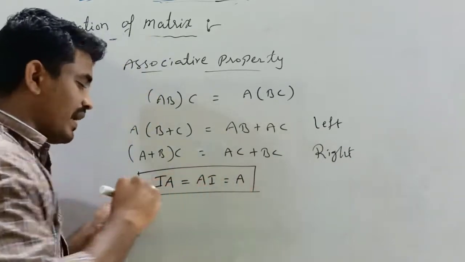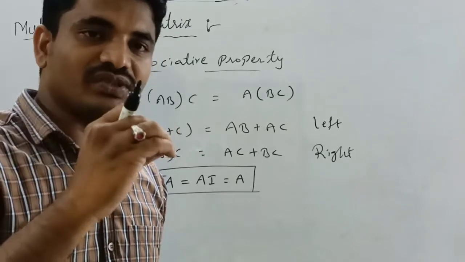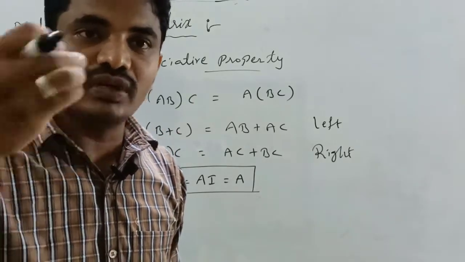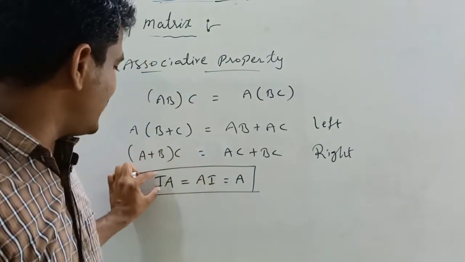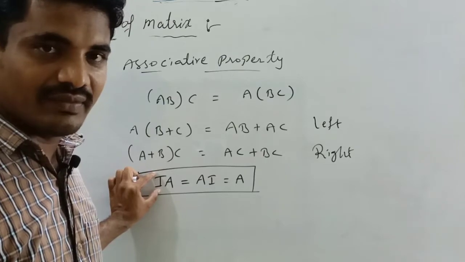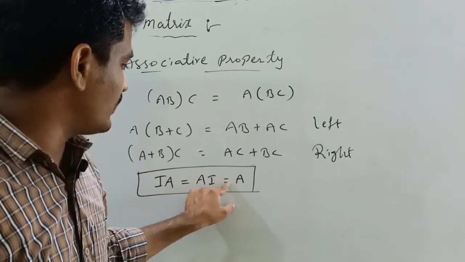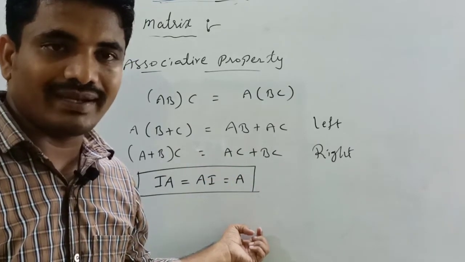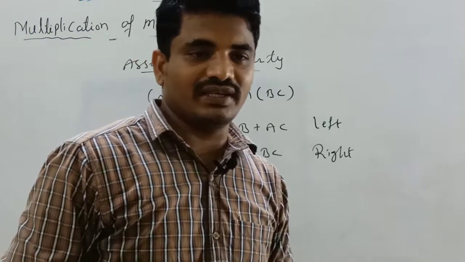So if a matrix is multiplied with another matrix to get the same matrix, that means there is a possibility that an identity is there. So that identity matrix I, I into A equals A into I equals A. So existence of multiplicative identity is there in matrix multiplication.